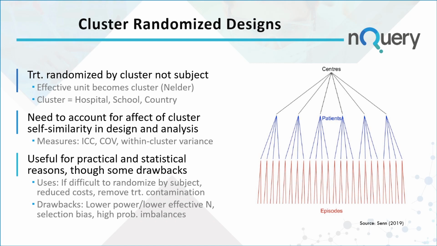The causal level is really at the cluster level at that point. Now you can make subject level inferences using some assumptions, but the cluster is really the level of causal inference in this randomization scheme. Basically, causality follows randomization is more or less the idea of experimental design.